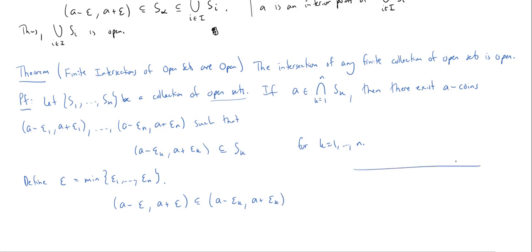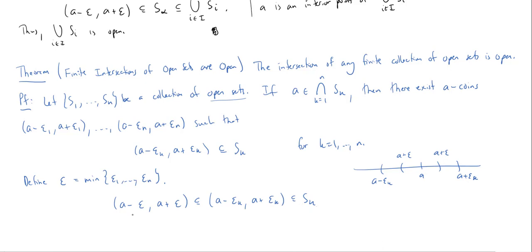So pictorially, you're just saying, oh, I have some A, and maybe here's some A minus epsilon k and A plus epsilon k. And if I take some smaller radius, then it's going to live inside. So there'd be A minus epsilon, A plus epsilon. So it'll be some subset. Okay, but I also know that this is contained in S_k. That was how we defined this A coin.